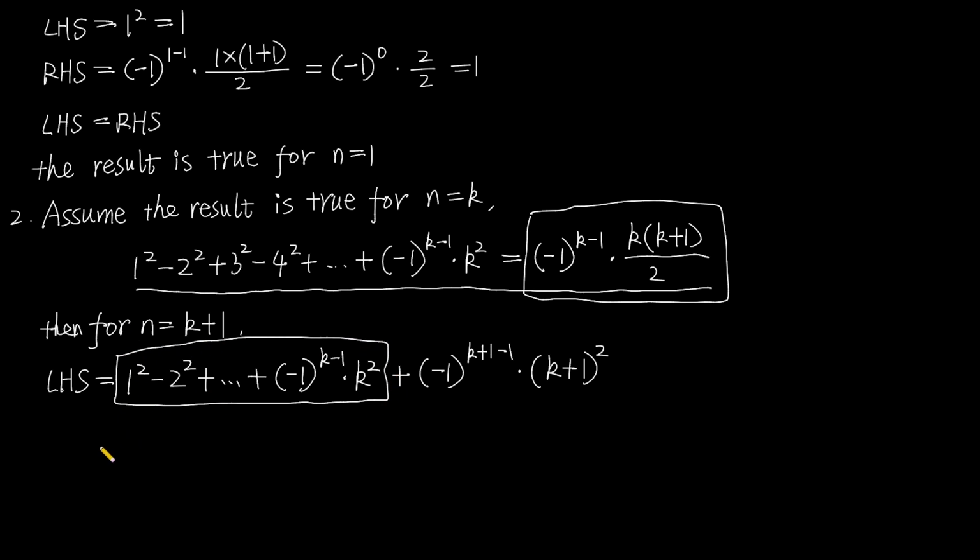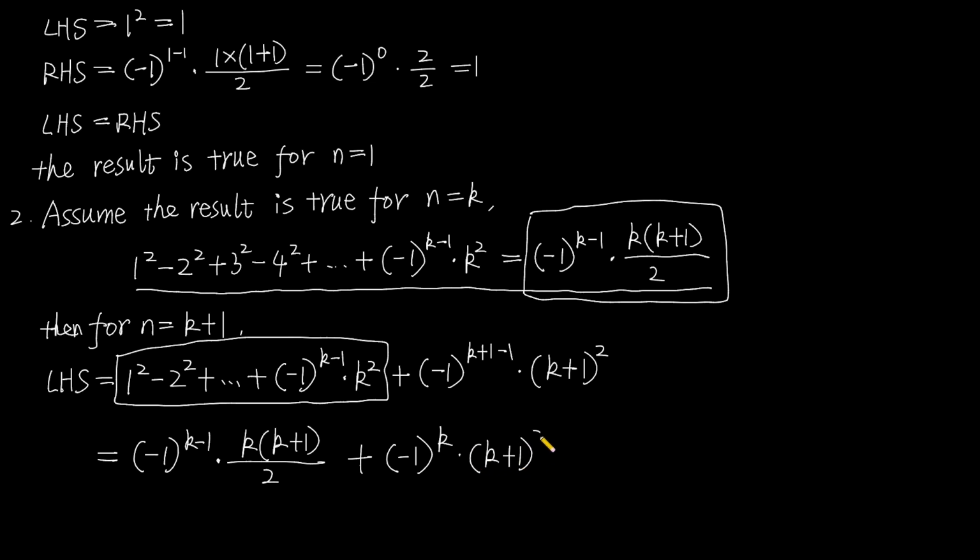So this equals -1 to the power of k minus 1 multiply 2 k multiply k plus 1 plus, here is -1 to the power of k multiply k plus 1 squared.